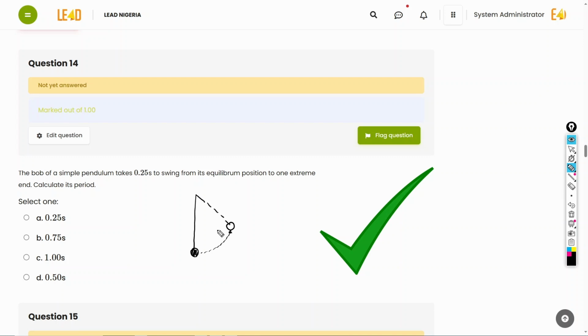All right, so that means that for it to complete one oscillation, it has to swing from here over here. All right, swing back here. So this is the first time it's doing this kind of motion. The second time is doing this kind of motion. It also has to swing to the other end point. That's the third time.